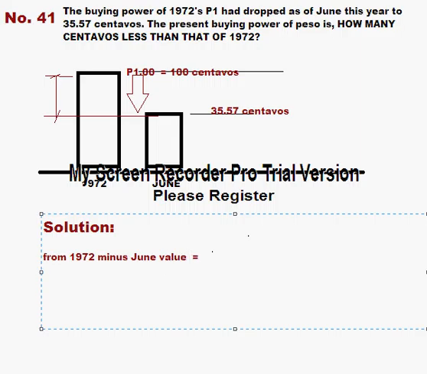Very simply, let's have the conversion first: 1 peso is simply equivalent to 100 centavos. Can you follow?